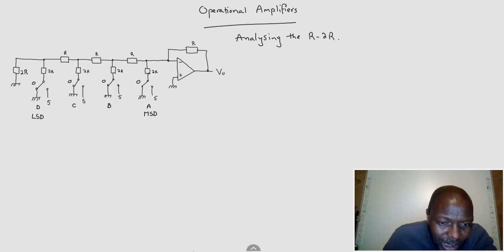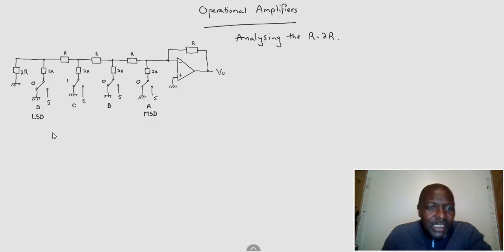The count 1 would be that switch going on. The count 2 will be this switch going off, but the other one going on. This is the count 0010, which is our 2. All right, and so on and so forth.